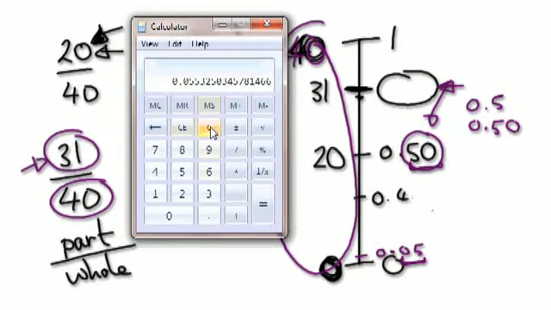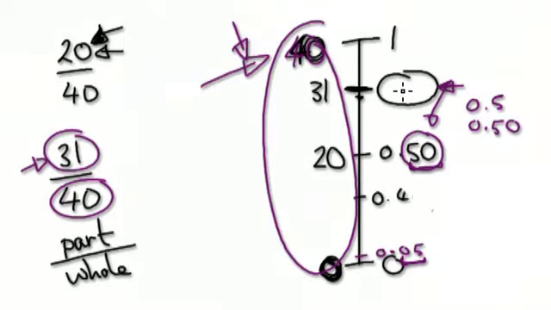So jump to a calculator and clear. 31 divided by 40 equals 0.78. So in effect this is 78%.